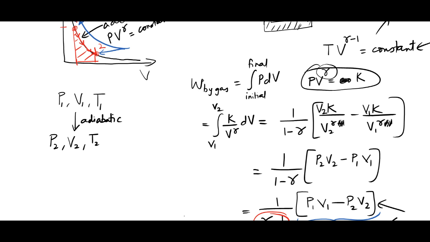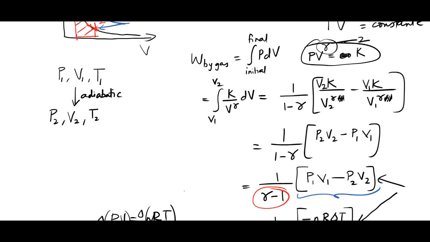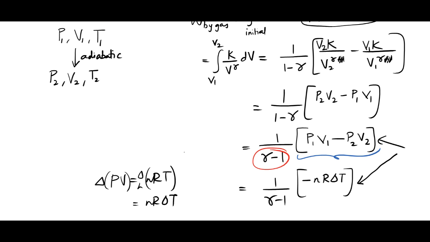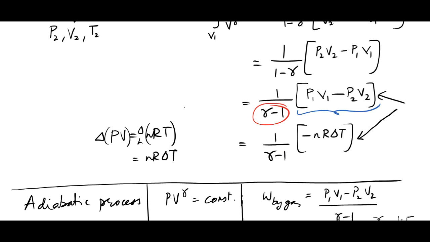So essentially you have found the work done by a gas following the process PV raised to gamma is constant, where gamma is some constant. It doesn't matter if you put gamma as 2. Well, gamma can't be 2, but if I say PV squared is equal to constant, the only thing that's going to change in this proof is that in place of gamma you're going to write 2 everywhere. So the final results are true if you put gamma equal to 2.